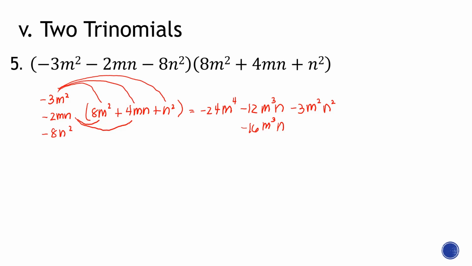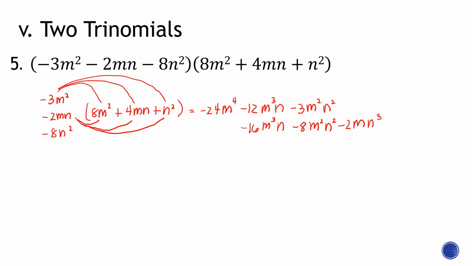So negative 2 times 4 is negative 8. M times m is m squared. N times n is n squared. Next, the last term, n squared times negative 2mn. So there's negative 2. And then m. N times n squared is n raised to 3.